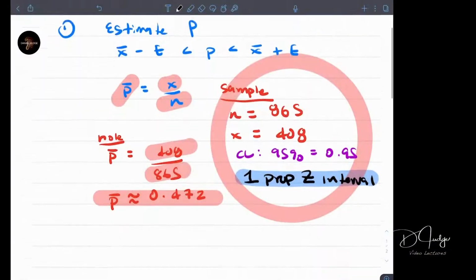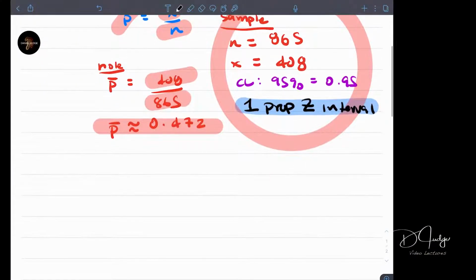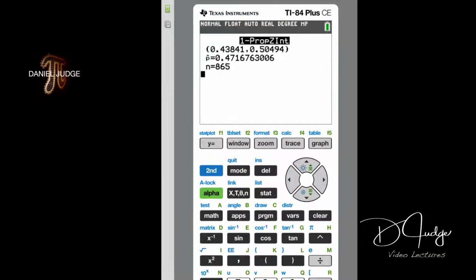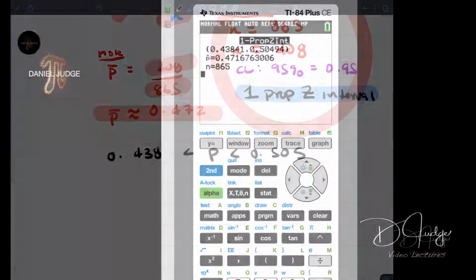So the lower bound value here, based on the TI, is going to be 0.43. We're going to go to the nearest thousandth. 0.438 less than P less than 0.50. Looks like that's a 4. The digit to the right is a 9, and that'll make it a 5 here.